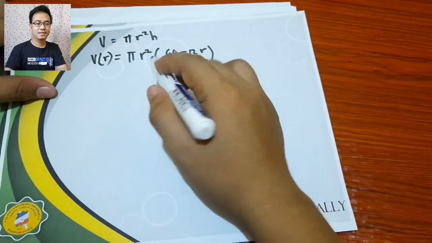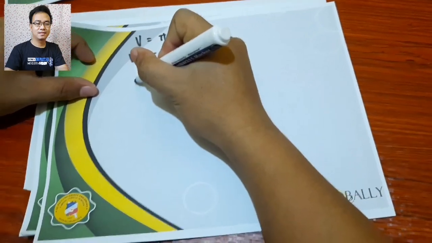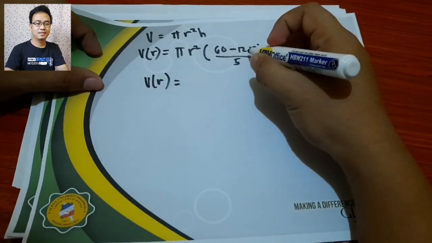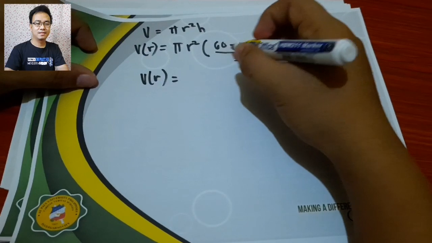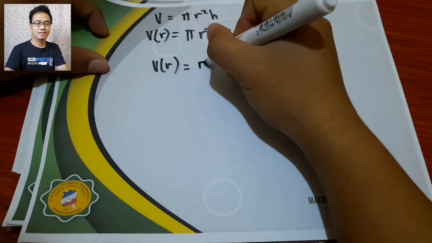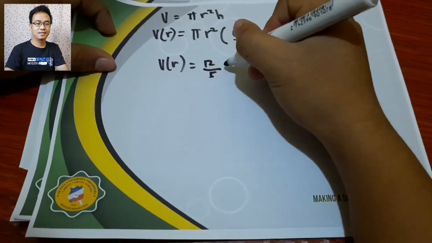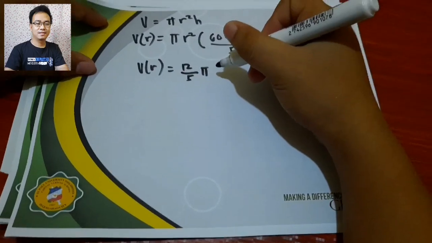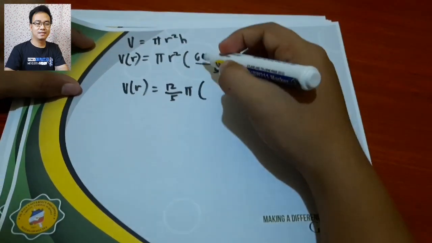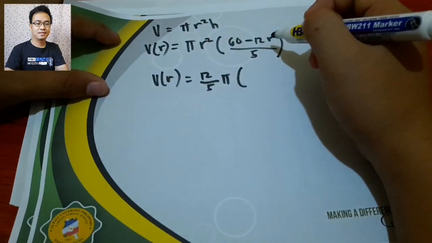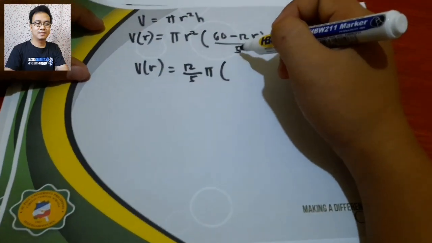And then, let's simplify. V of R will be equal to 60 divided by 5 is 12. And we have this 12 in here. So this is 12 over 5 times pi. Take note that this one is a constant, multiplied by 60 divided by 5.